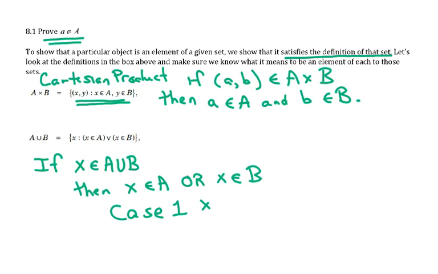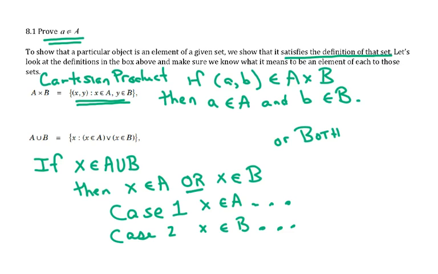Case 1, x is an element of A. Case 2, x is an element of B. And remember, x could be in both. That's always a possibility with the mathematical or, unless specified otherwise. And this says the same thing in a very concise way with symbols, using the or symbol from logic.